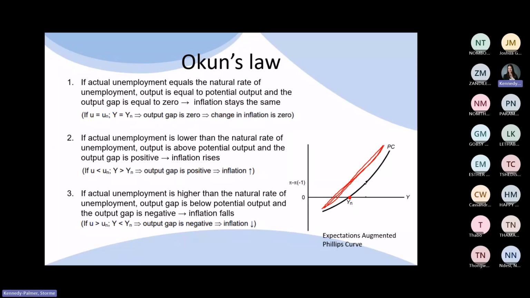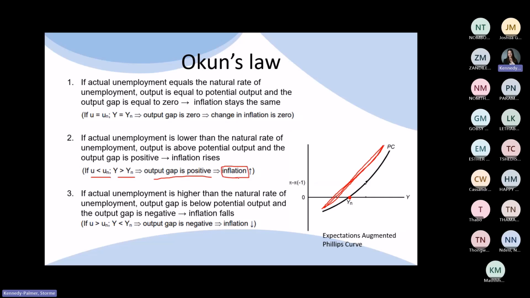Let's look at the next potential. If actual unemployment is lower than the natural rate of unemployment over here, it means that actual output is higher than the natural level of output. The output gap is positive and inflation is increasing because the change in inflation is positive. So it's anywhere above this horizontal line.